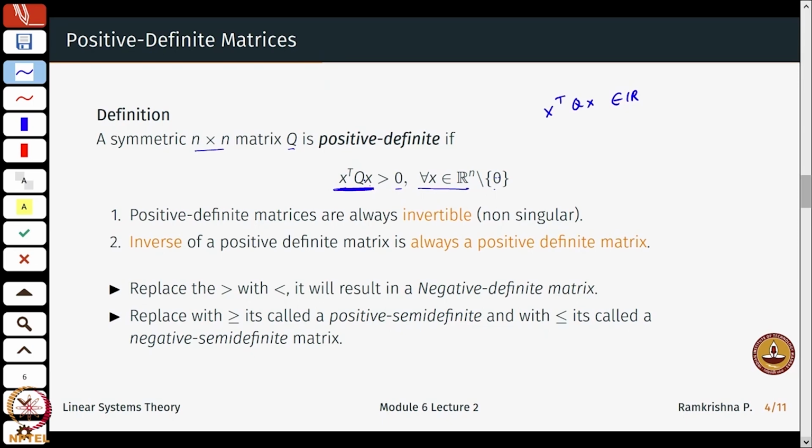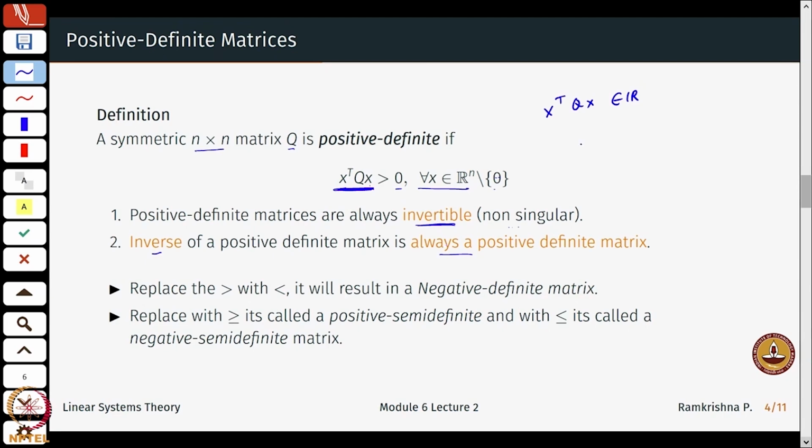Before we look at the ways to check if a matrix is positive definite, I list some properties. Such matrices are always invertible, which is a good property, and that also means they are non-singular. Another good property is that the inverse of a positive definite matrix is always a positive definite matrix. Again, the proofs are pretty simple, so I skip them.